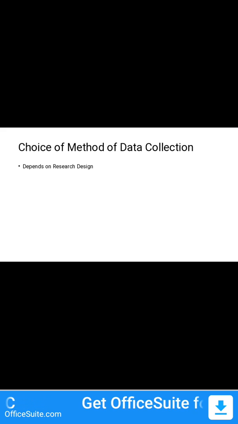So depending on the research design, you will have to go for a particular method of data collection. What are the major types of data collection methods that we have? Surveys, observations and experiments. Please understand that these are the major types. There are other types also, but most of the time we employ one of these, so that is why we are going to discuss them here.